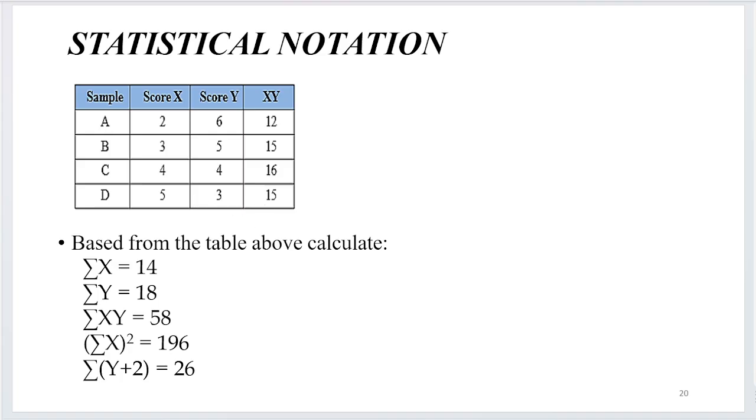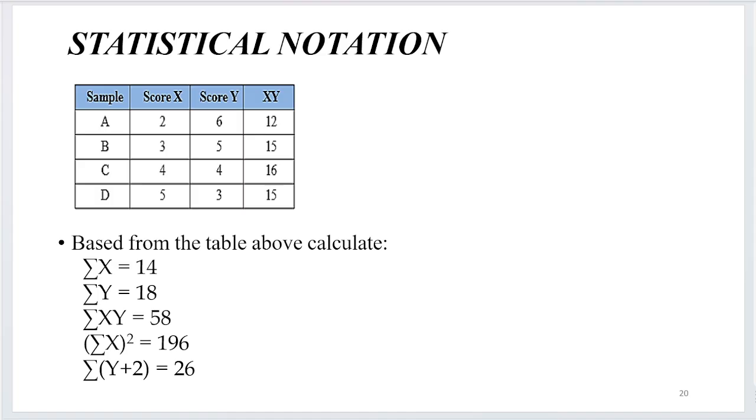Based on the above table, we can calculate summation of x. Summation of x means add all the values of x together: 2 plus 3 plus 4 plus 5 is equal to 14.